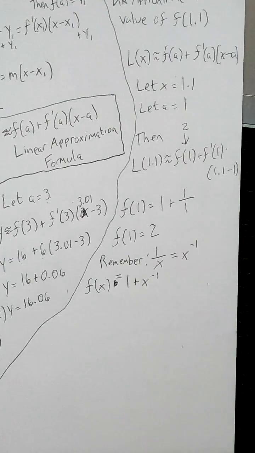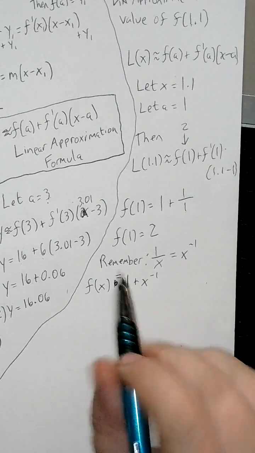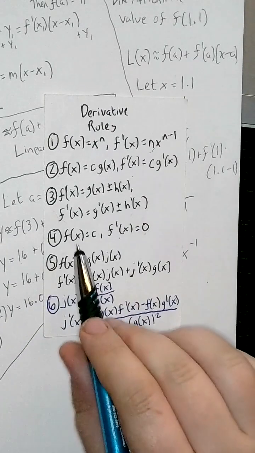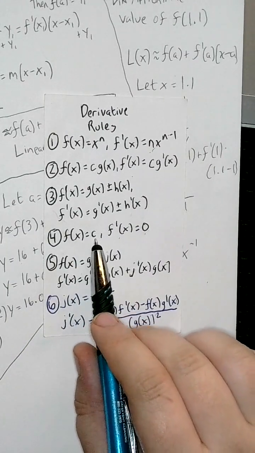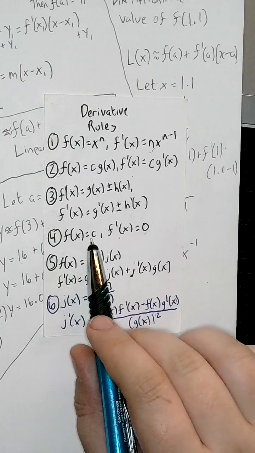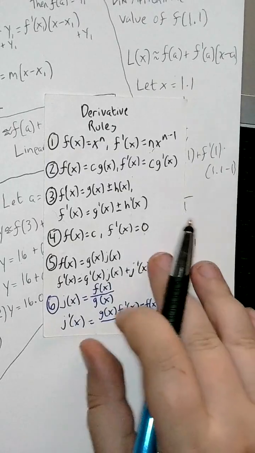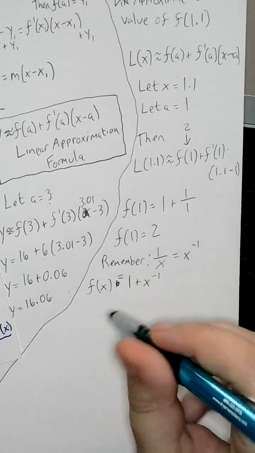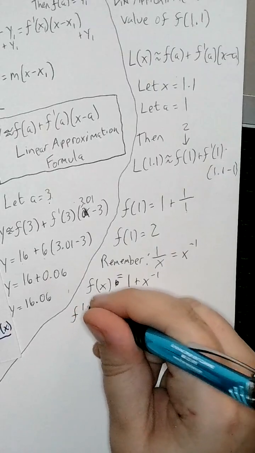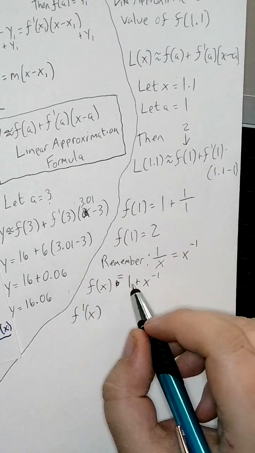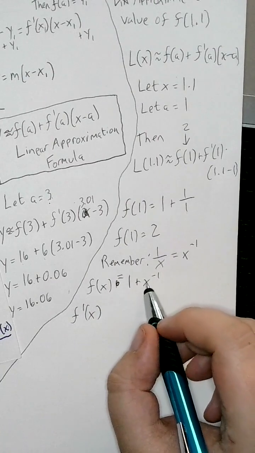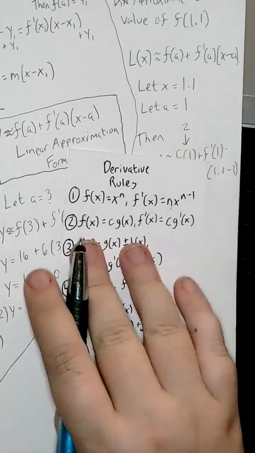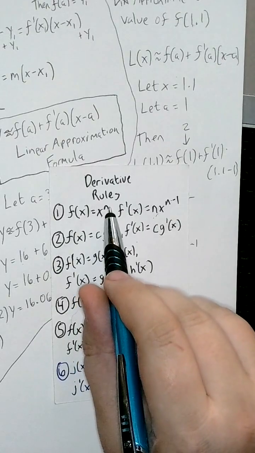Thank you for the follow. So here, first I'm going to start by taking the derivative of 1. The derivative of 1 is a constant, and if this is a constant, then its derivative is 0. Okay, Alexia, thank you for the honesty. That's perfectly fine. So f prime of x is going to be: derivative of 1 is 0, and then I have x to the negative first.